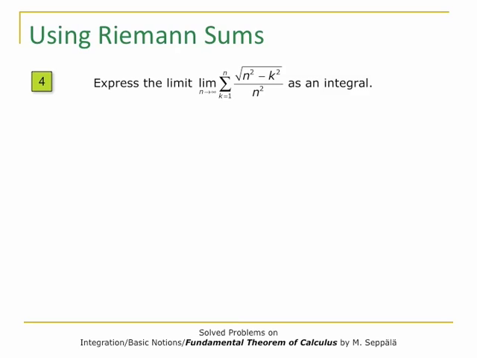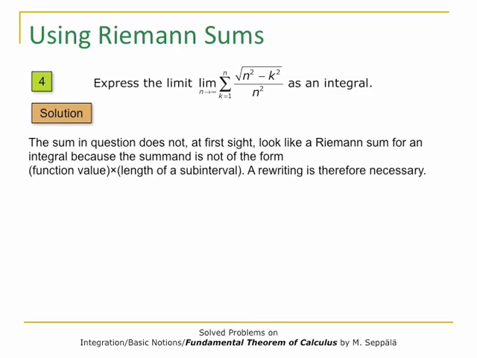In this problem we have to express the limit as n goes to infinity of the sum k from 1 to n square root n squared minus k squared divided by n squared as an integral. So we have to interpret this sum as a Riemann sum for some function over a certain interval.